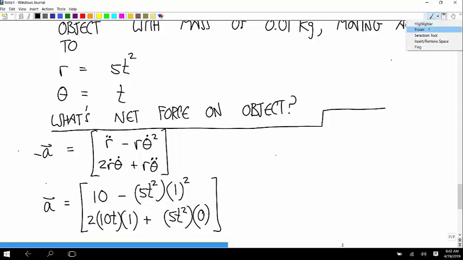So our acceleration as a function of time is 10 minus 5t squared for the first component. And for the second component, it's 20t.